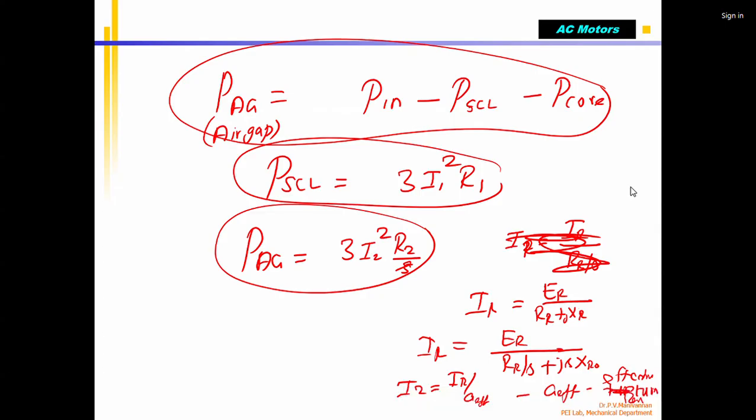If it is known, then IR you can compute using this formula, which talks about the resistance and inductance of the rotor. XR is known, so automatically you can find IR, the rotor current. From the rotor current, I2 can be computed using one of the formulas. We'll see whether an alternate formula also is there, then we can do that tomorrow.